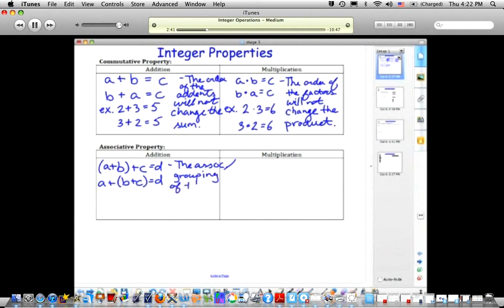And it says the association or grouping of the addends will not affect the sum, or will not change the sum.